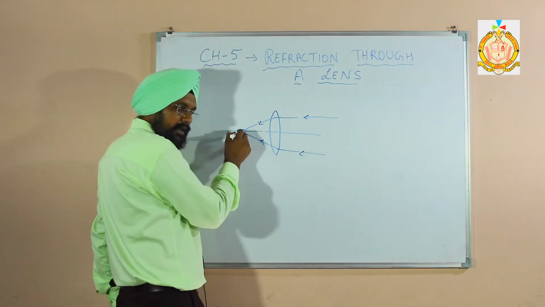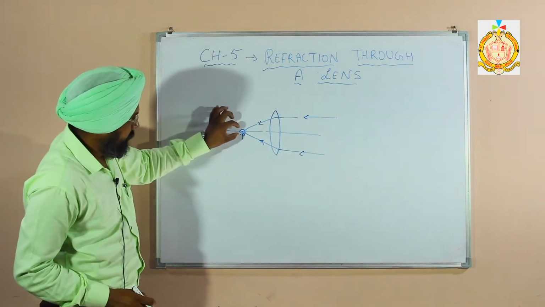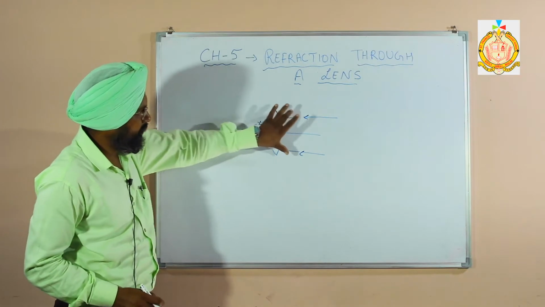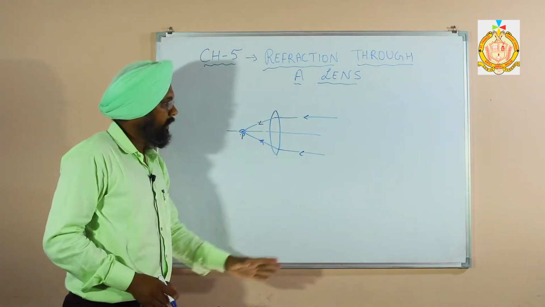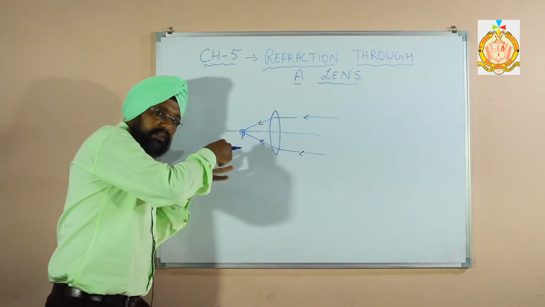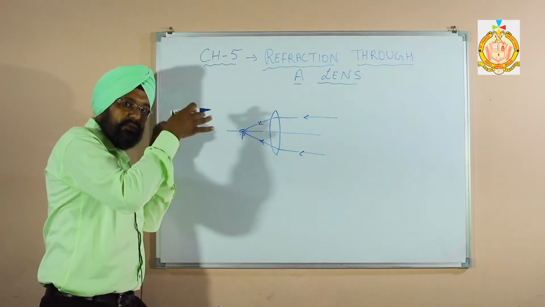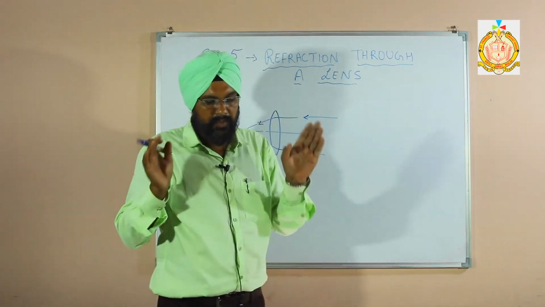Then this will become the second focal point. If the rays start from the source and go parallel, then this will be the first focal point. If rays coming parallel pass through one point, then this point will be the second focal point.